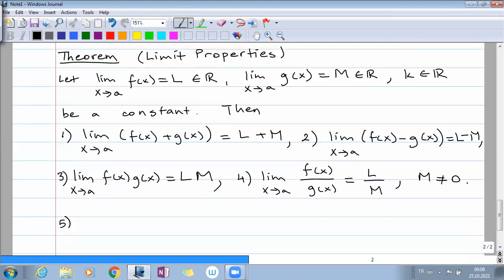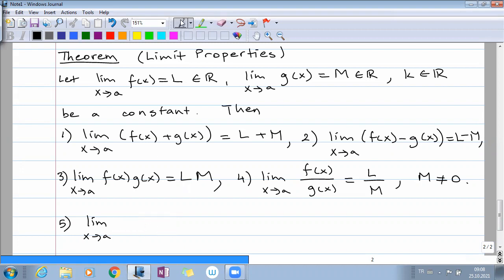You can also take f of x to a power. First, let's consider multiplying your function by a constant.